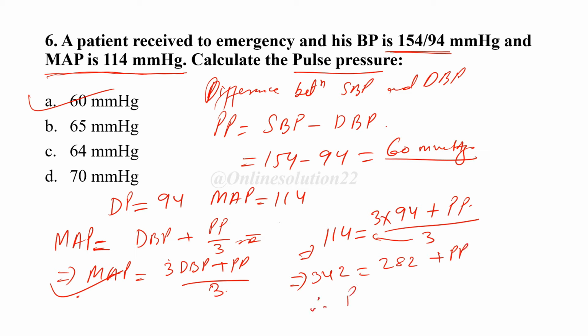Therefore pulse pressure equal to 342 minus 282, which is equal to 60. So the answer came to be the same. So in the exam, if they give you only the MAP and the diastolic BP, you can use this formula to calculate the pulse pressure.